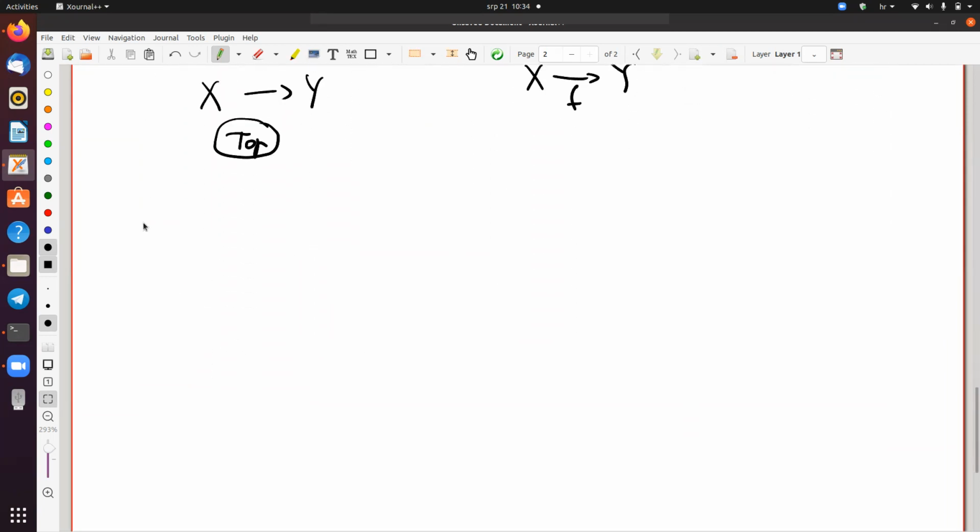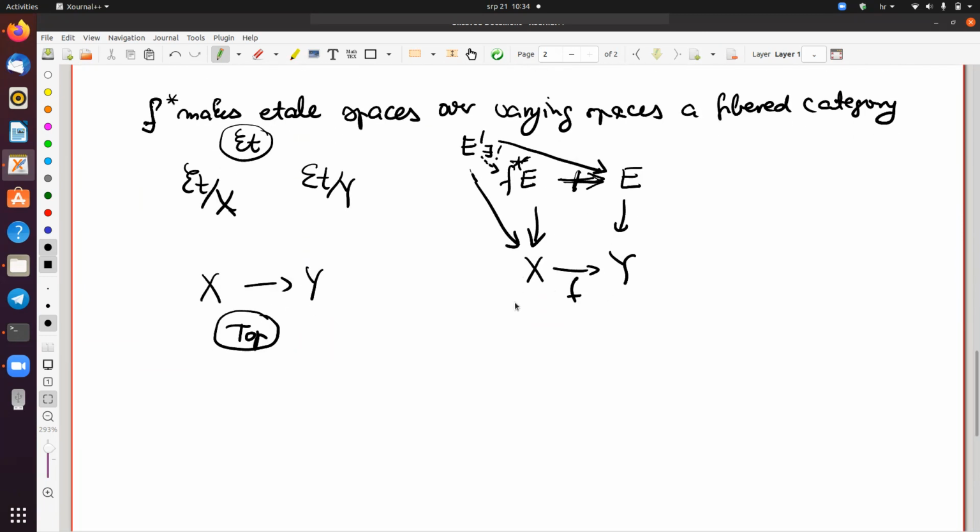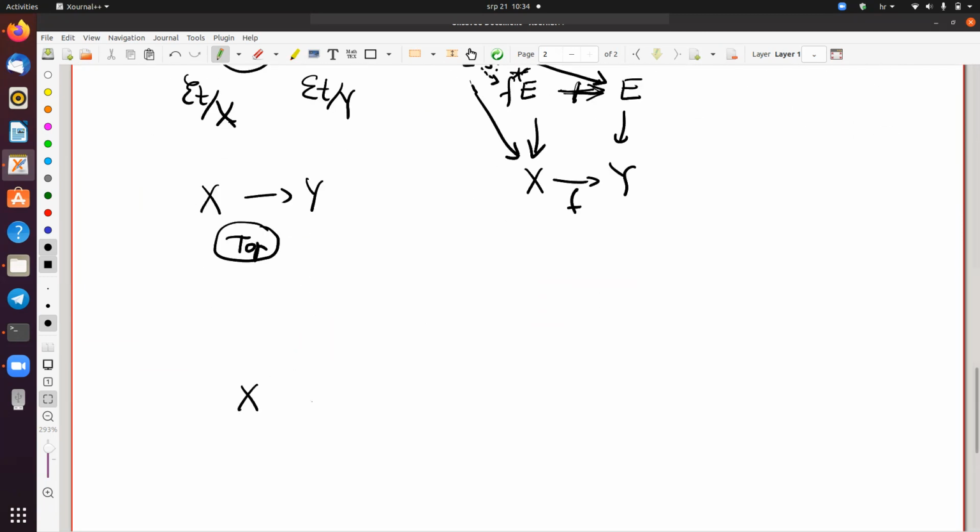Now more constructions along these maps. First of all, if I have a sheaf or an étale space, or even a pre-sheaf, over X or over Y, can I move it between X and Y? This pullback is one construction.